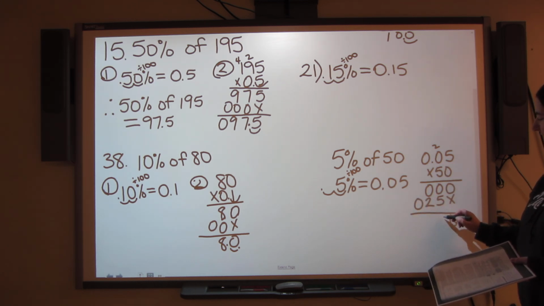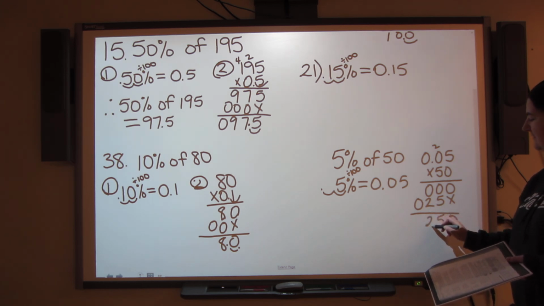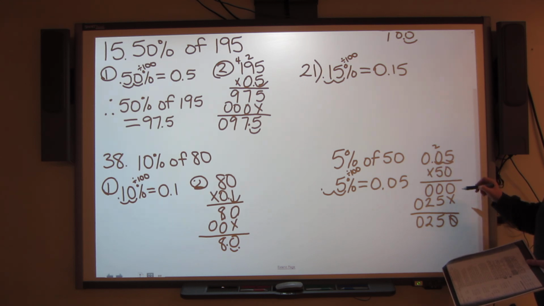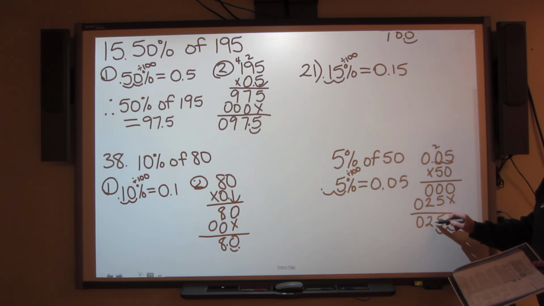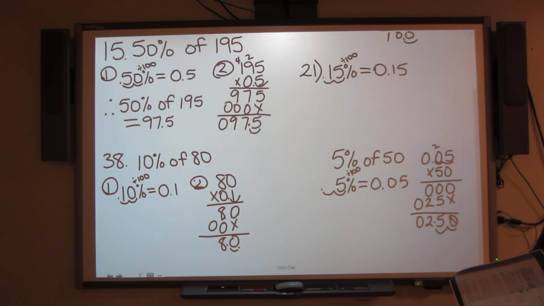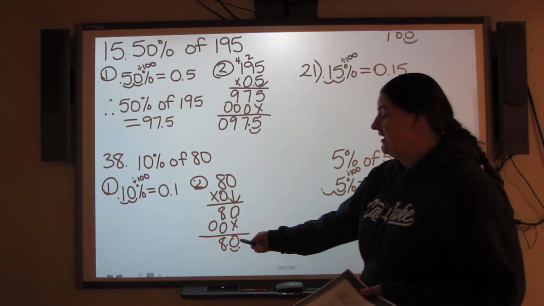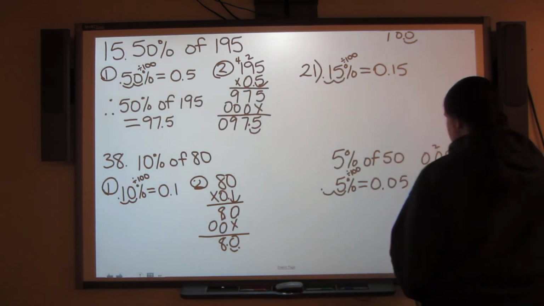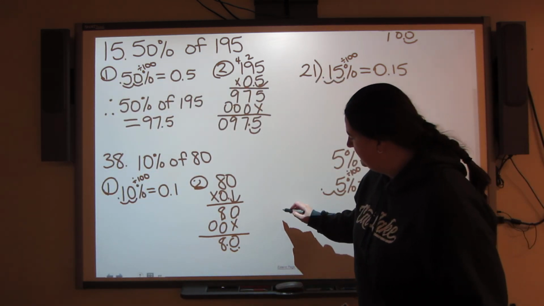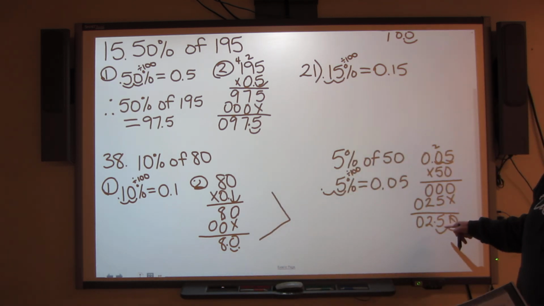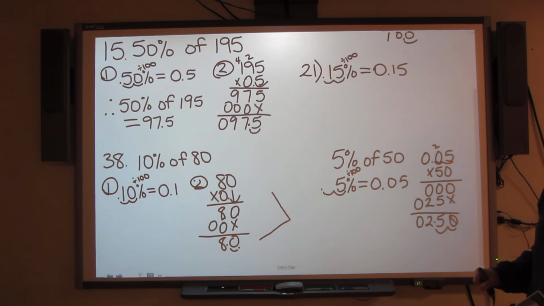So 0, 5, 2, 0. How many decimal spots do I have? I have 2. So 2 and 5/10. So these are not equal. Obviously, I have 8 over here and 2 and 5/10 over here. Which one's bigger? The mouth eats the bigger one. 8 is bigger than 2 and 5/10. So that's how you do 38, 39, and 40.